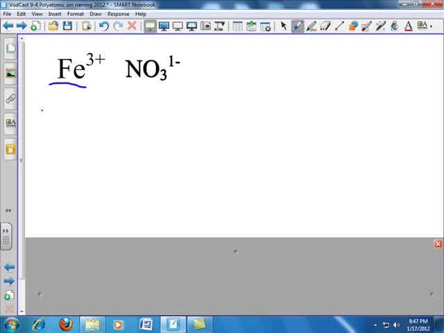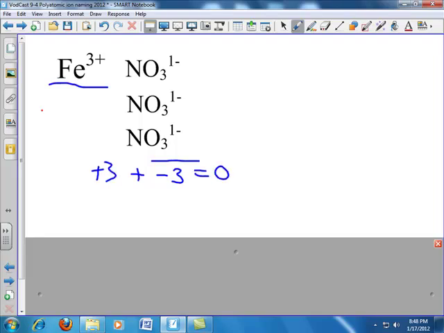But if I have an odd charge, where I have a +3 Fe and a -1 NO3, in order to make this balance, I am going to need 3 of these NO3s. If I take all 3 of those NO3s, each one adds up to be -3. That matches my +3, so I get my 0 charge that I always want.